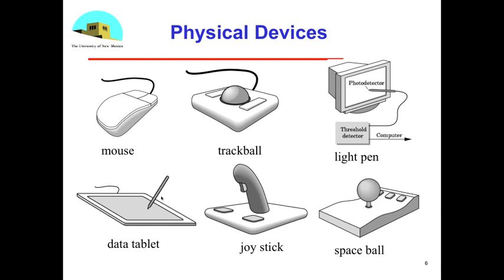Now, there are also a lot of newer devices and multi-dimensional devices. I still have a picture of a Spaceball here. Spaceball sort of looked like some sort of a joystick, but it actually was a six-dimensional device. You could push the ball in three independent directions, forward, back, left, right, but you would actually pull and push on it. And then you had three independent twist degrees.